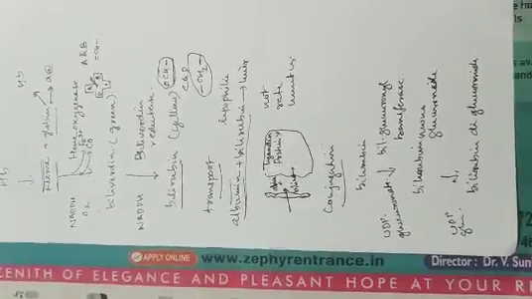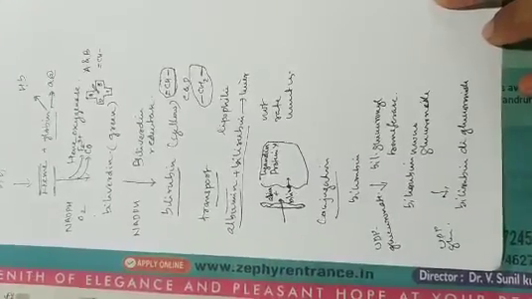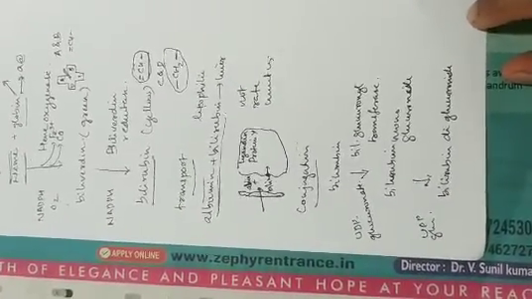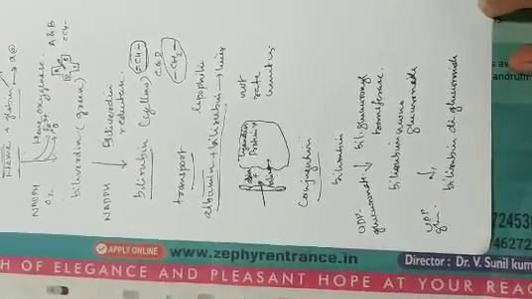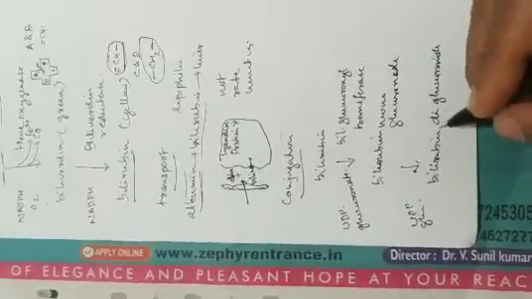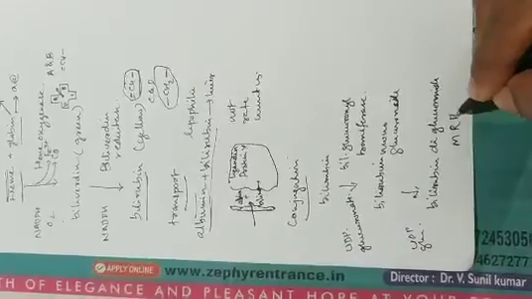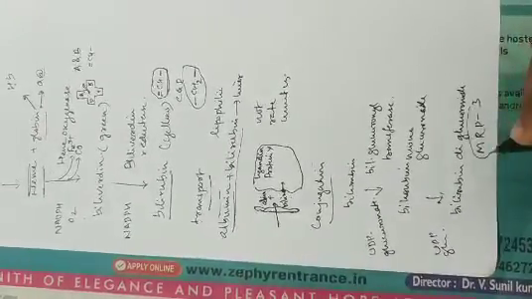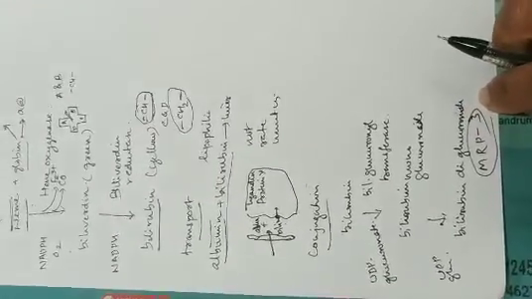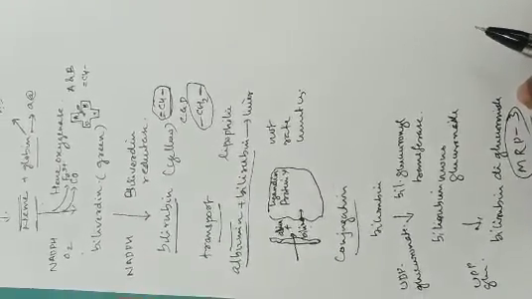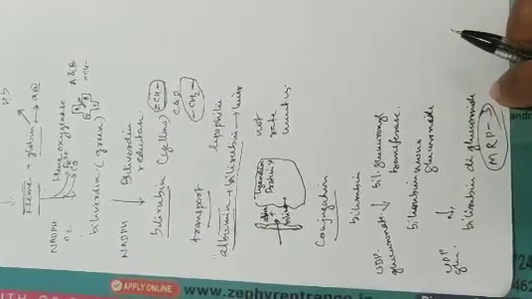Major portion of this conjugated bilirubin is excreted to bile through bile canaliculi, and a small portion re-enters the enterohepatic circulation with the help of protein multi-drug resistance protein 3.